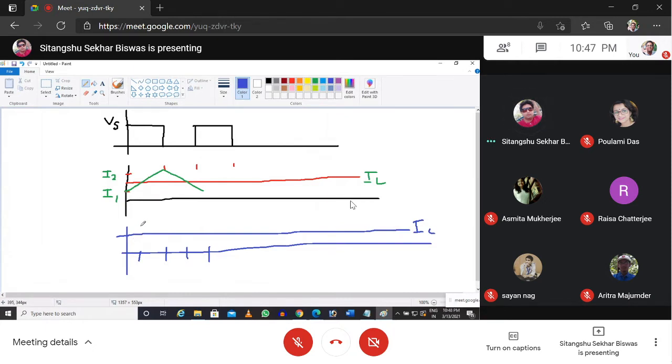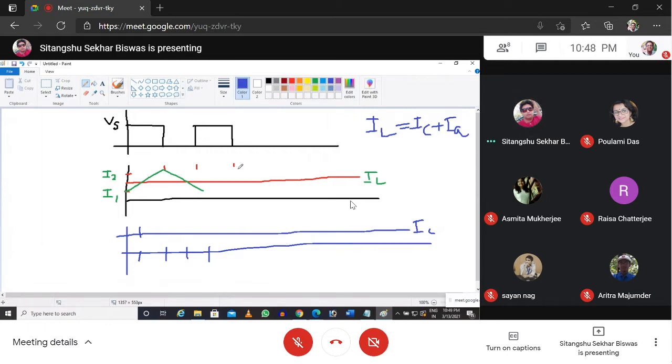If you apply Kirchhoff's law, you see that IL is equal to, basically there are two branches, IC plus I load. This was the thing, if you see the output circuit.